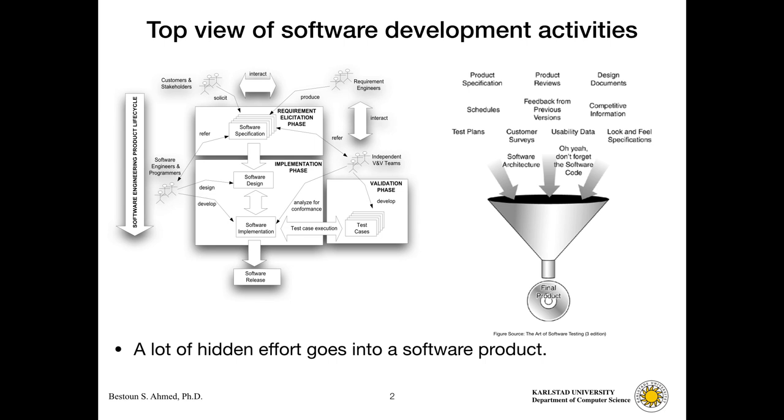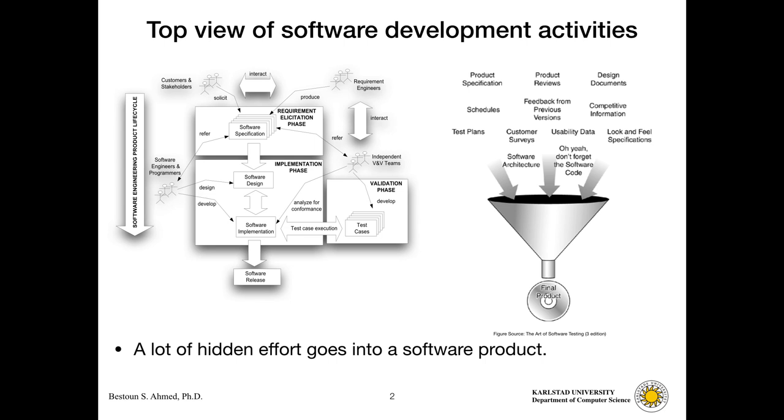Now these activities differ with the software development process. The software development process is basically the systematic way, the way that you are approaching the software development.